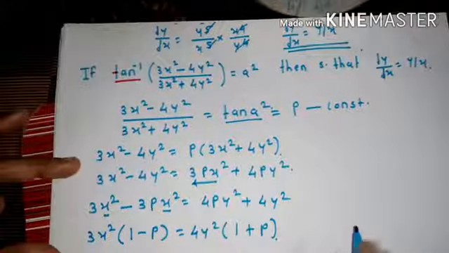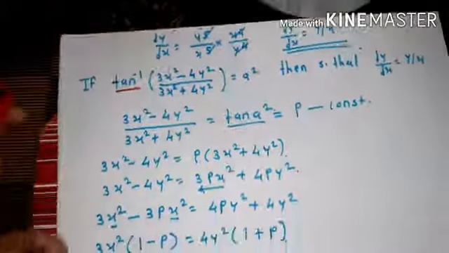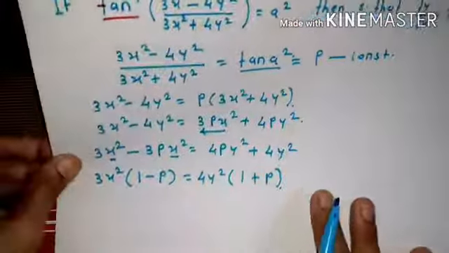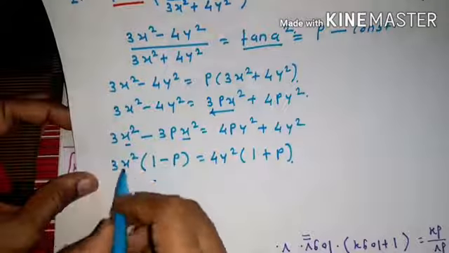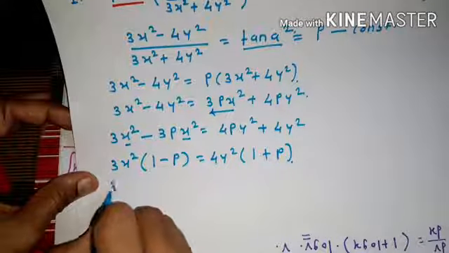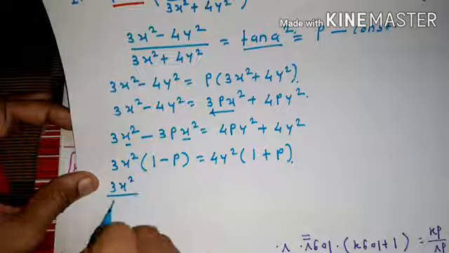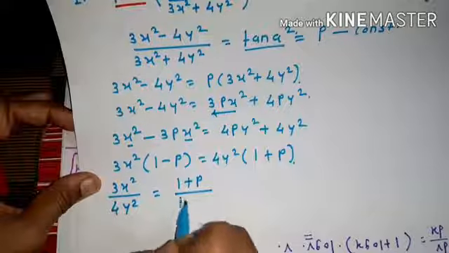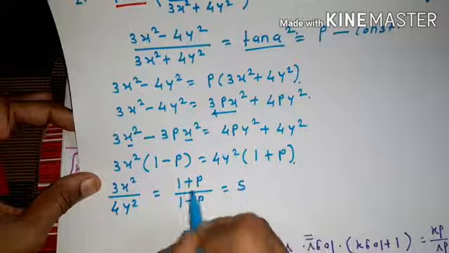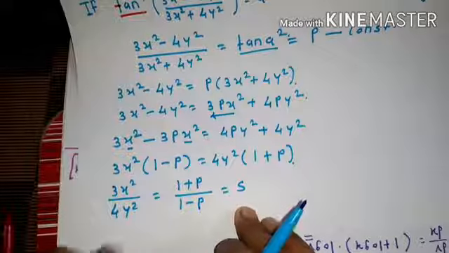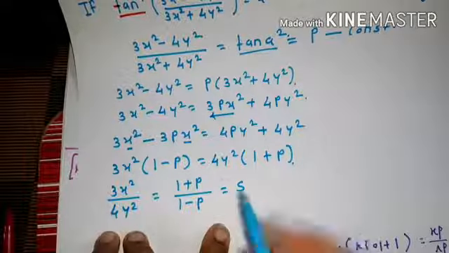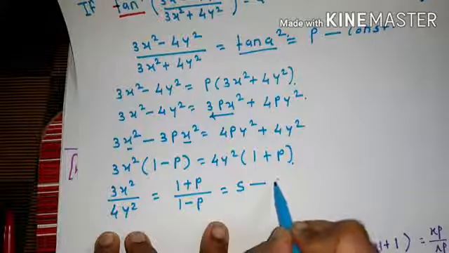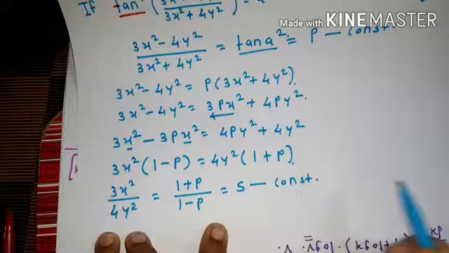Okay students, now collect the constant term at one side. We get 3x² upon 4y² equal to (1 + p) upon (1 − p), and consider this a constant number. As p is constant, (1 + p) upon (1 − p) is also constant. Consider for that constant number s, where s is the constant number again.